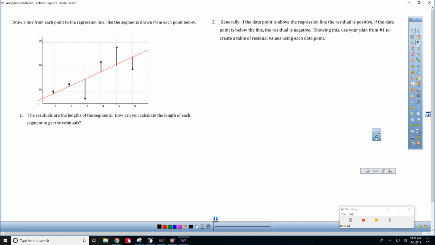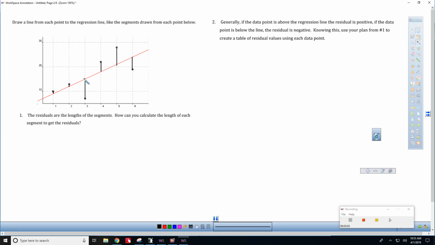Yeah, so this looks like it's about 2 away. This one looks like it's about 2 away. This one looks like it's supposed to be at 15 or so. And so it looks like it's about 8 away, negative 8. So that's how I would calculate them.